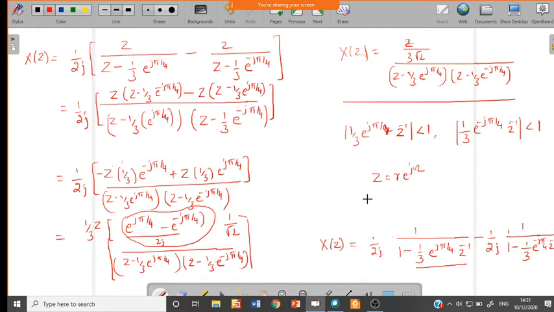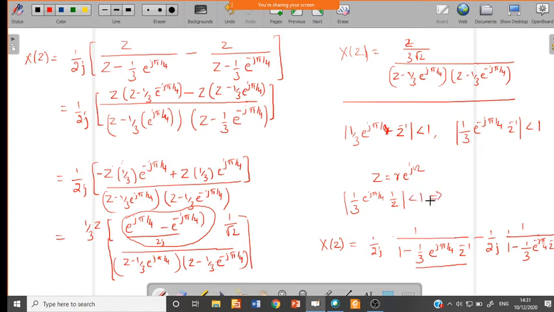Now in order to get the magnitude of z, if you take the first term, it is 1 by 3 into e power j pi by 4 into 1 over z, magnitude less than 1.